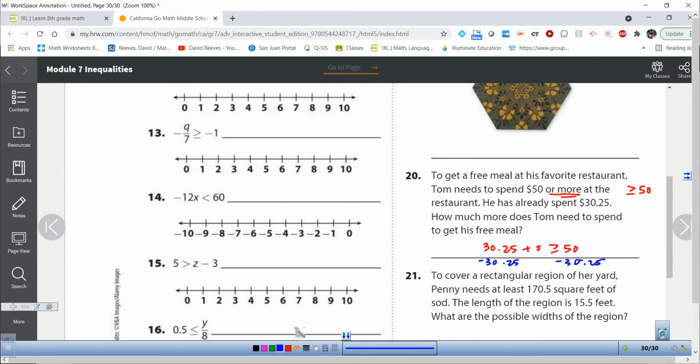When we take that away, we get S is greater than or equal to, well, 50 minus 30, that would be 20. Take away another 25 cents, 19.75. So what does he have to spend? He has to spend $19.75 or more. If he spends 19.75, that'll be exactly 50, but if he spends more than that, that will be more than 50.